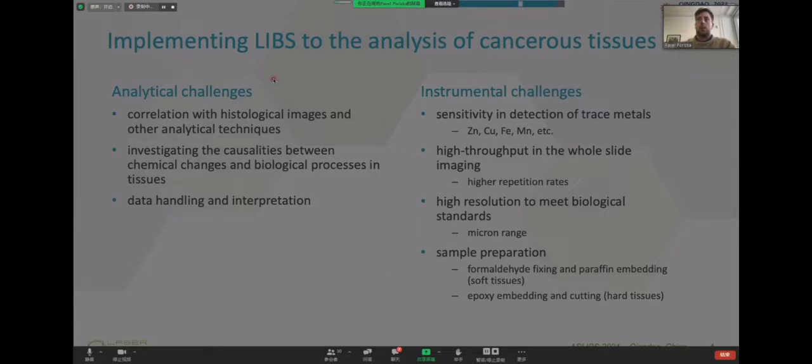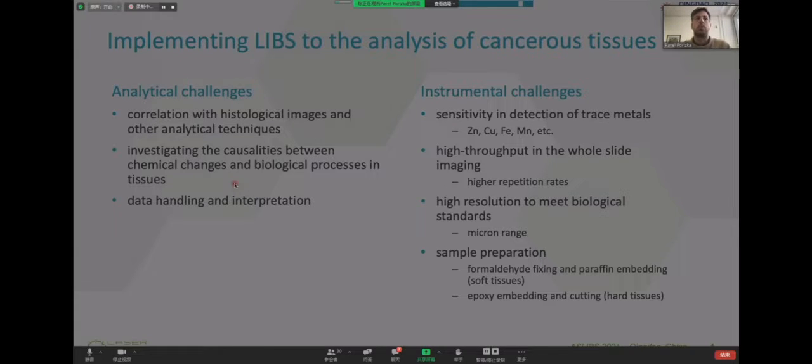I would like to mention some analytical and instrumental challenges, because we are speaking about a really challenging application. The ablation of soft and hard tissues is quite a challenge. From an analytical point of view, the data you get from your analysis is hard to interpret and to put together with results from biology, to find causalities between chemical images and biological processes happening inside.